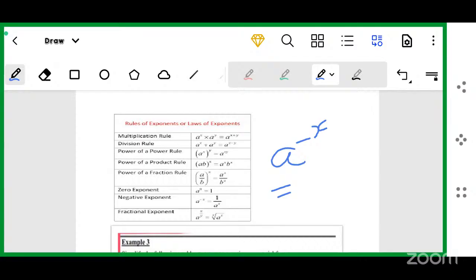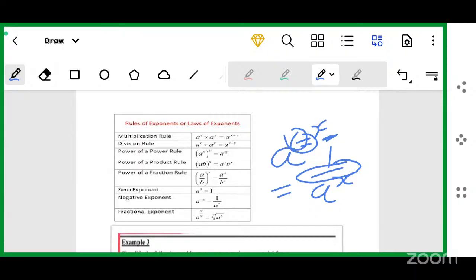Do you recall this one? No, ma'am. Okay, so when you're dealing with this one, since there is a negative, you treat this negative as a divide. So what we're gonna have is 1 over a, and the exponent follows the x. So it's gonna be 1 over a to the power of x.